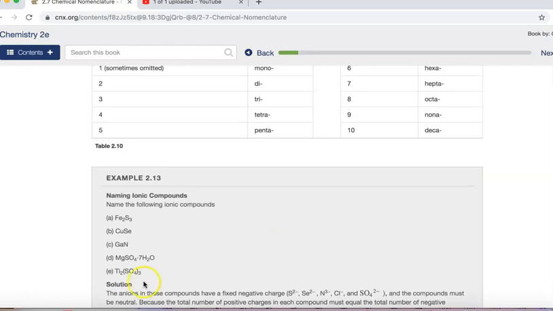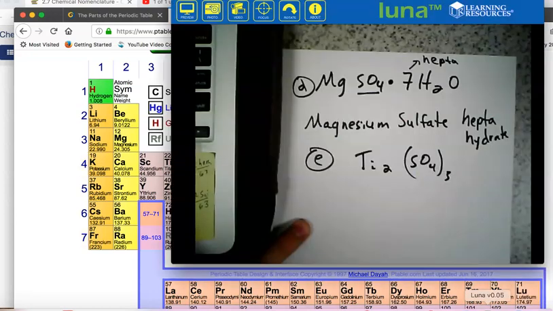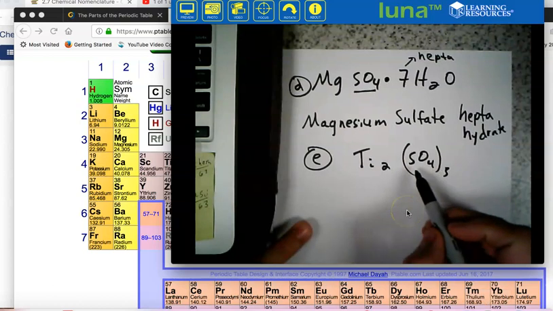All right, and then finally, the last example here, example E. We have Ti2(SO4)3. So Ti is titanium, a transition metal, so that means we need to have a Roman numeral in there somewhere. Now we need to figure out the charge on titanium, starting with the sulfate part of the formula.